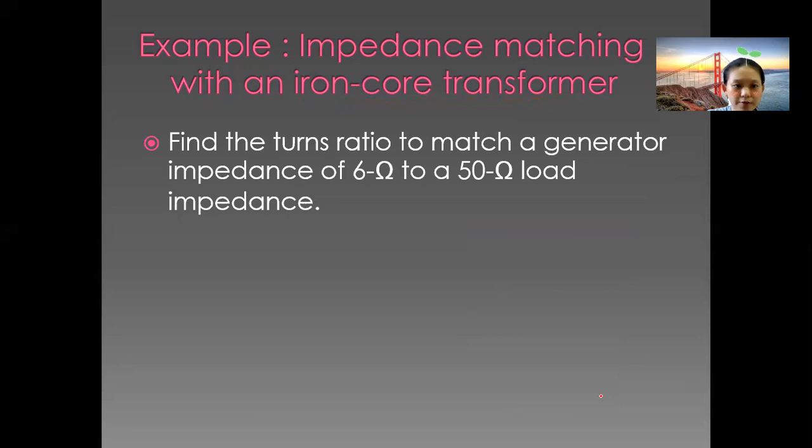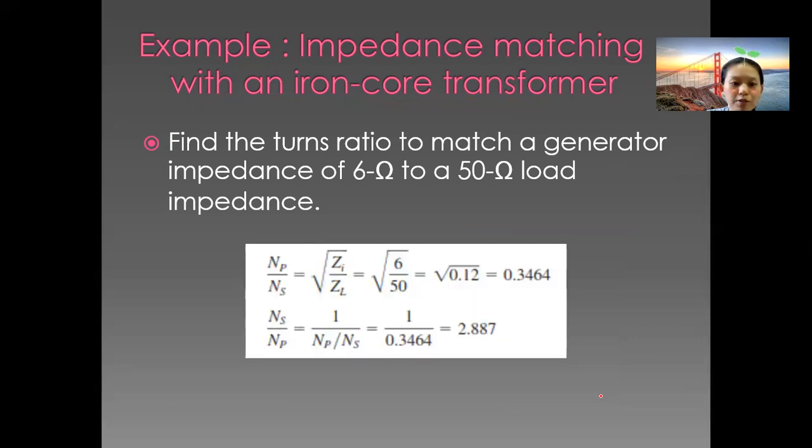So here is a question. Find the turns ratio to match the generator impedance of 6 ohm to a 50 ohm load impedance. How do you do it? We just use the formula from just now. Np divided by Ns equals the square root of Zi divided by Zl, which equals the square root of 6 divided by 50.